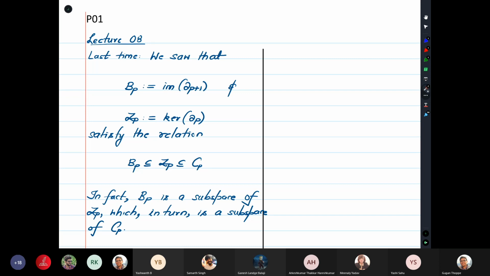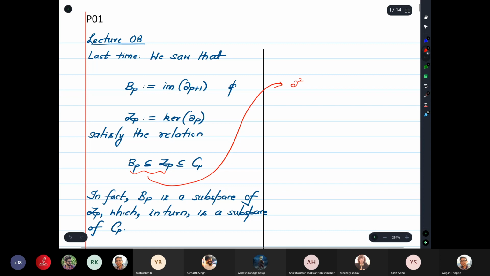And we also saw that B_p and Z_p satisfy the relation stated over here. That is, B_p is a subset of Z_p, and Z_p itself is a subset of C_p. So recall how we showed this relation. We showed it by proving that the composition of ∂ with itself is identically equal to 0.